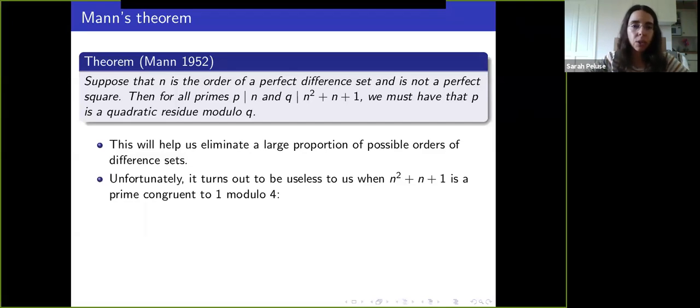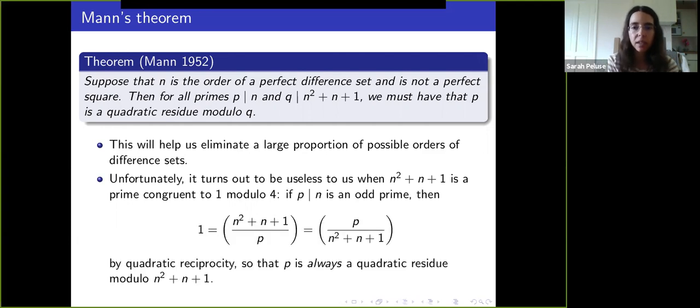It turns out to basically give us an empty condition when n squared plus n plus 1 is a prime that's congruent to 1 mod 4. Why is this? Well, if p dividing n is an odd prime, then n squared plus n plus 1 is 1 mod p, so it's definitely a quadratic residue.